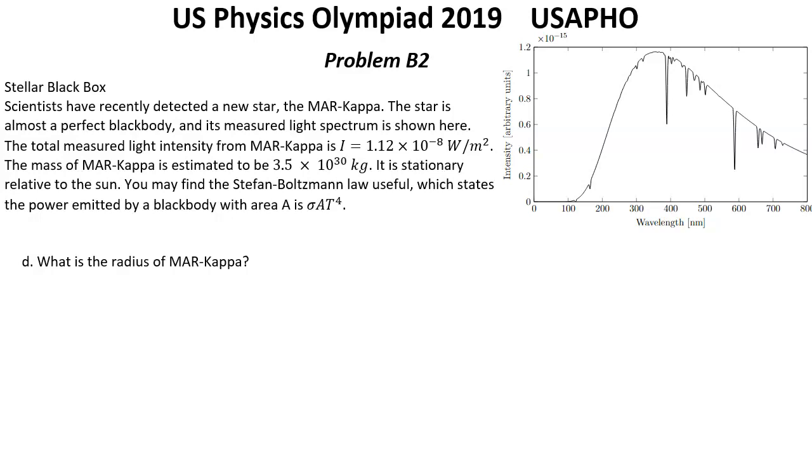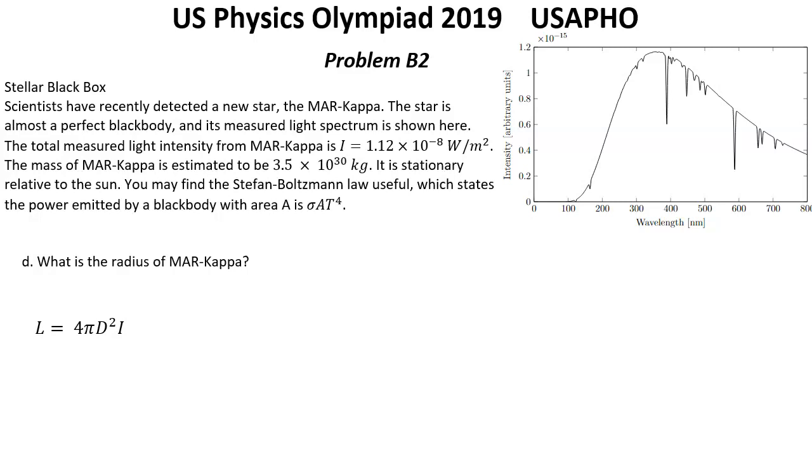Solution for question D. The luminosity, the total power given off by the star, is given by the formula 4πd² multiplied by I, where d is the distance to the star and I is the intensity from this star measured on Earth.